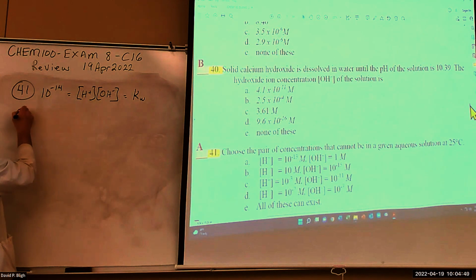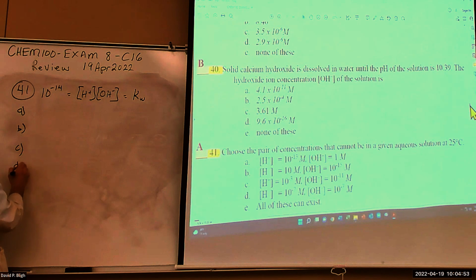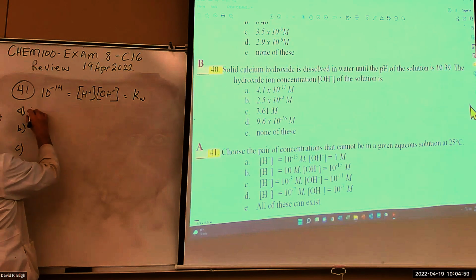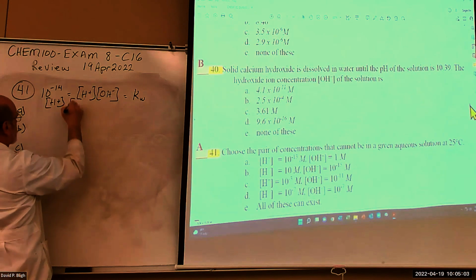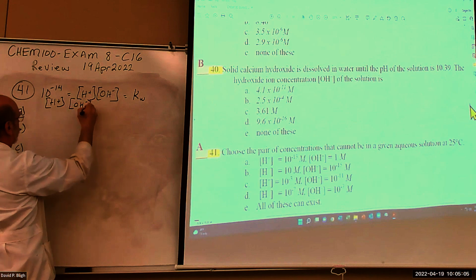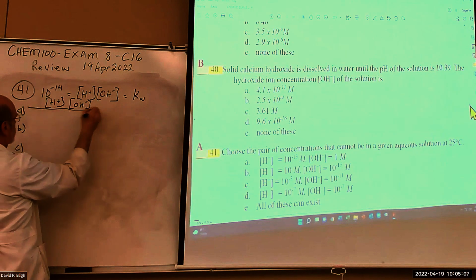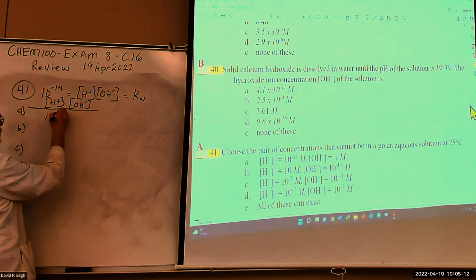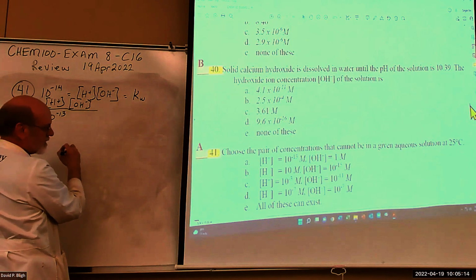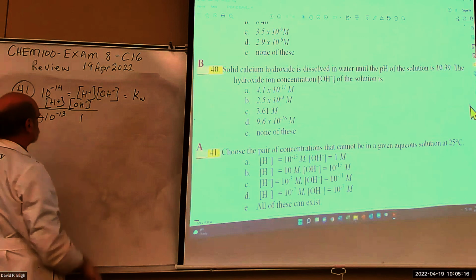Okay, so if we look at our choices, A choice is, let's do it this way. Hydrogen ions, hydroxyl ions here. So for the first one, they're saying 10 to the minus 13 here and 1 here.